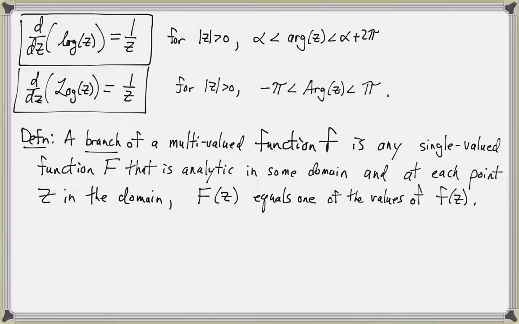Well, this is the idea that we just used, where we had log of z is a multi-valued function. We define the branch where we restrict the argument to between alpha and alpha plus 2 pi, and now that is a single valued function.